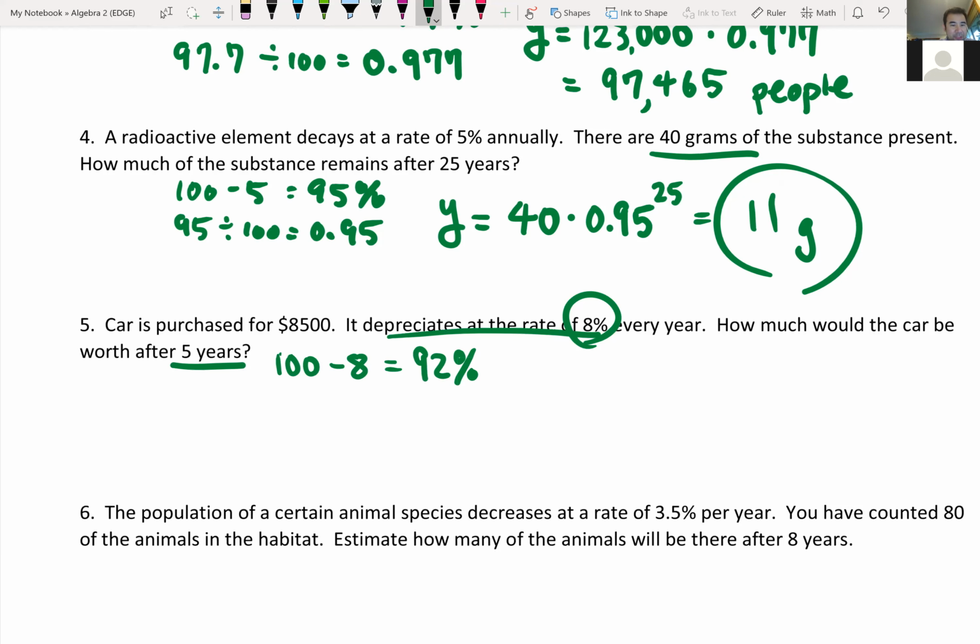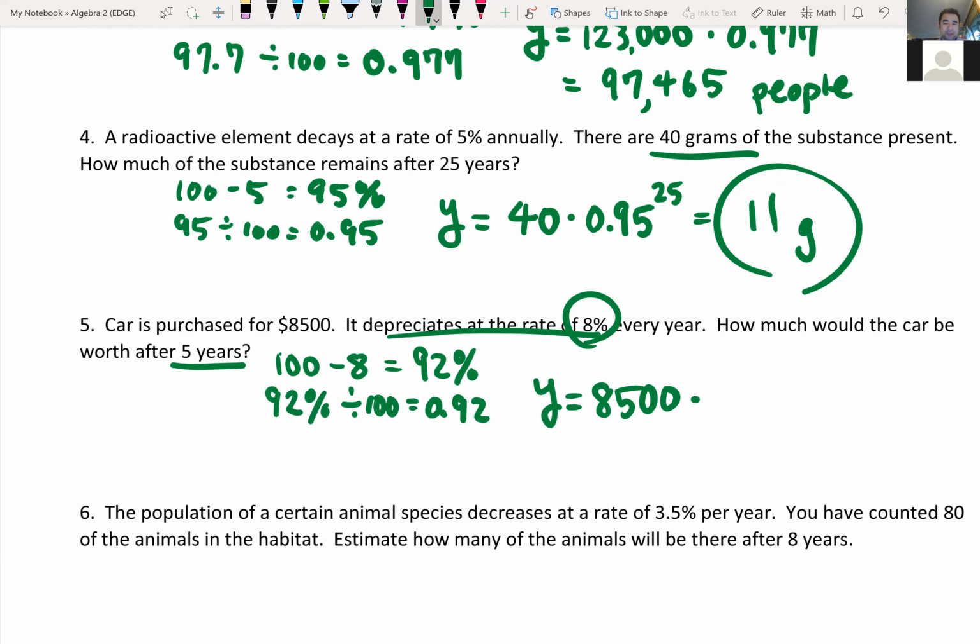And then now we need to convert 92% into decimal form. And how do you do that? Divide by 100. So it's 0.92. So now we can figure out y equals, the initial value is 8,500.